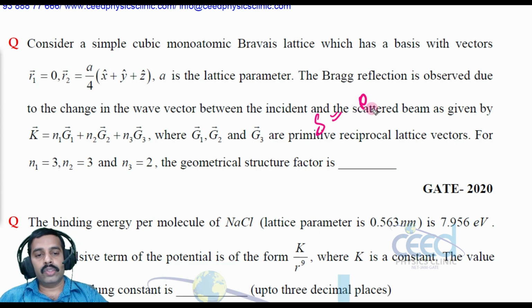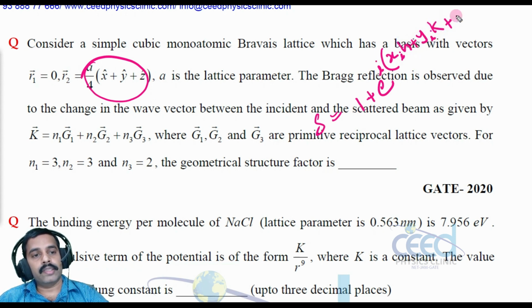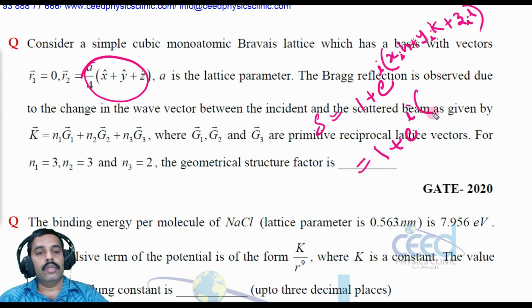So we have studied the expression as 1 plus e raised to i into the position vector, that means x_i h plus y_i k plus z_i l, right? That is 1 plus e raised to i into what is x_i.